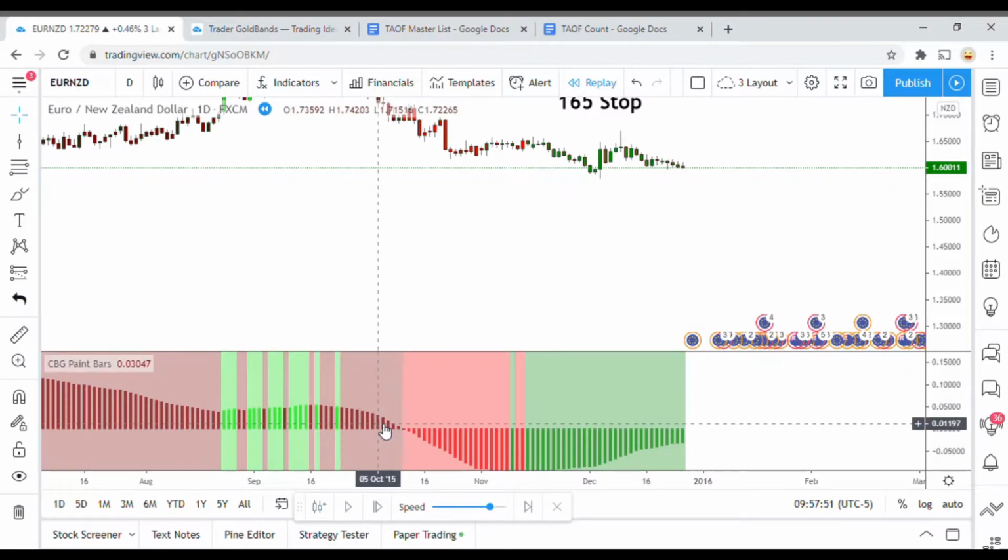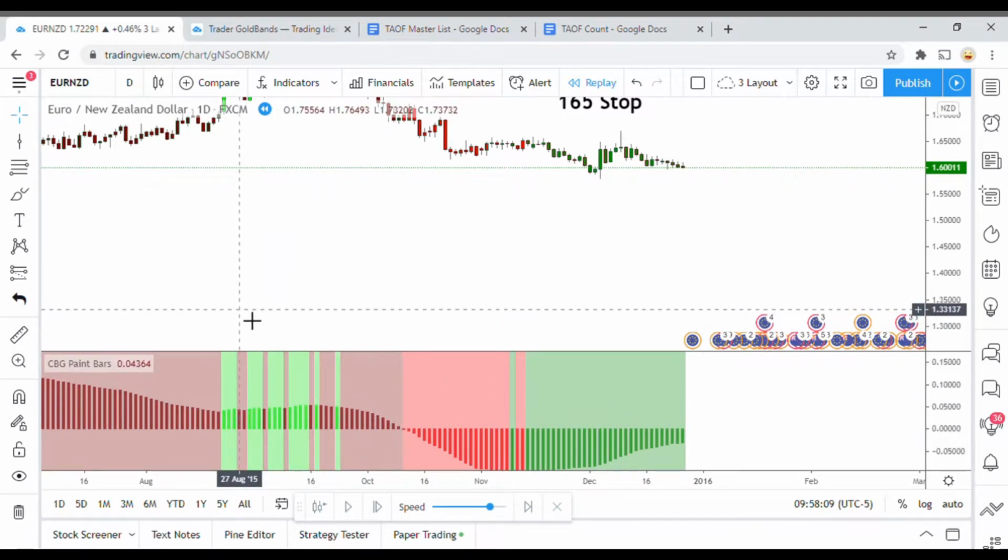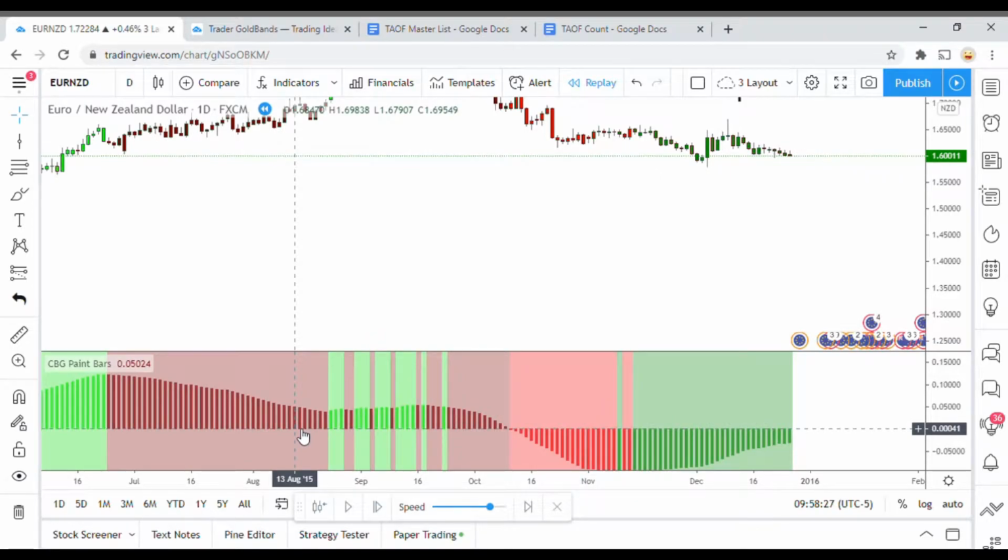two different things. It's displaying one, a zero line cross. And so you can see the histogram bars here, they pivot around a zero line. And so, like I said, first and foremost, it is displaying the zero line. Those are basically just the histogram itself pivoting around the zero.